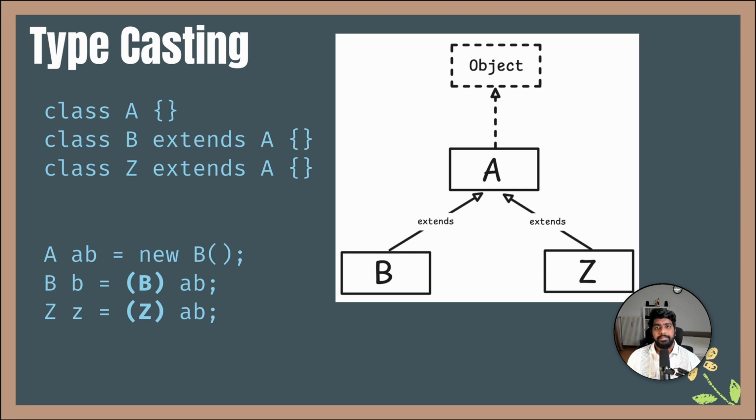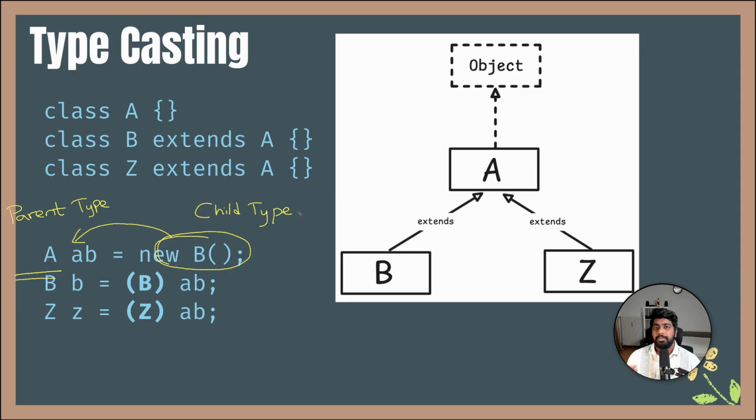Now, according to this particular example, you can see B and Z are subclasses that are extended from the A class. In any scenario, a subclass can always represent or act as the parent class. Therefore, the B instance can be assigned into a parent type reference.